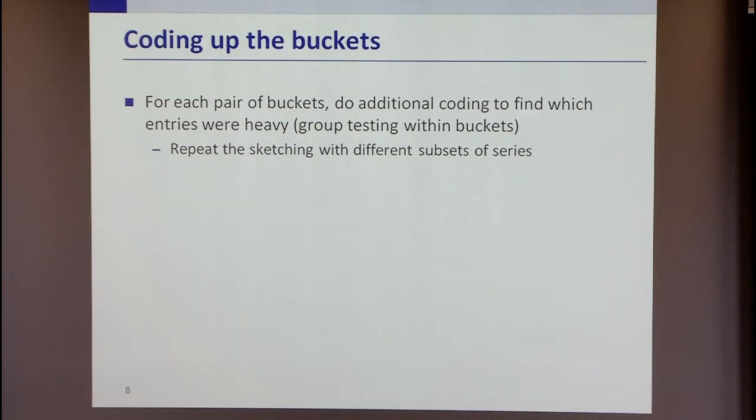So if I do determine that within a group it looks like there's a correlation of interest, how do I decode this? There are a few different approaches that we're thinking about.